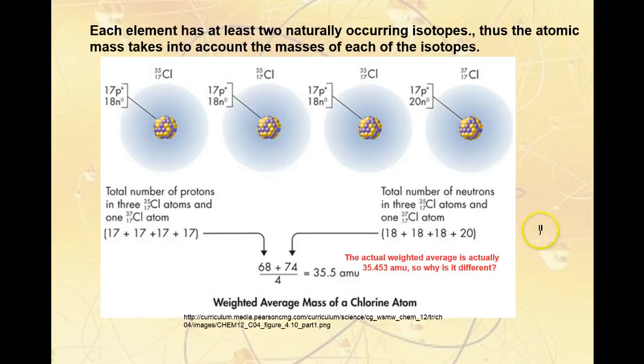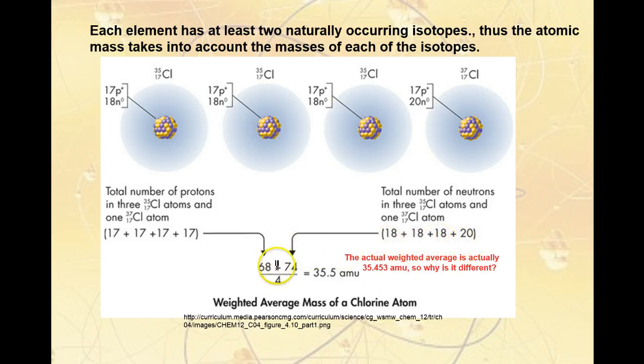Each element has at least 2 naturally occurring isotopes. Thus, the atomic mass takes into account the masses of each of the isotopes. So, for instance, look at this. We have 4 chlorine atoms, and here the atomic number of protons is 17, 17, 17, and 17, and then the number of neutrons that we have is 18, 18, 18, and 20.